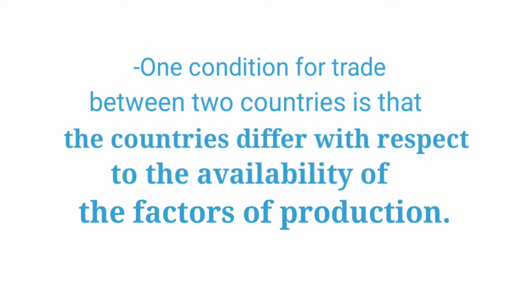One condition for trade between two countries is that the countries differ with respect to the availability of the factors of production. They differ if one country, for example, has many machines but few workers, while another country has a lot of workers but few machines.